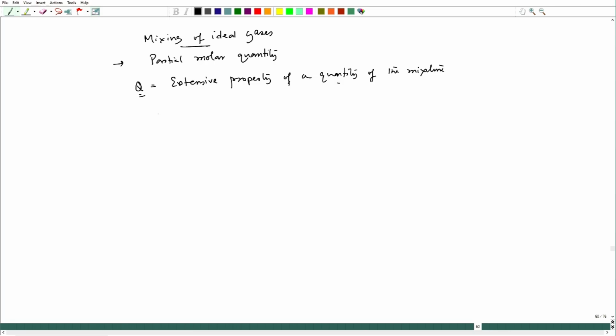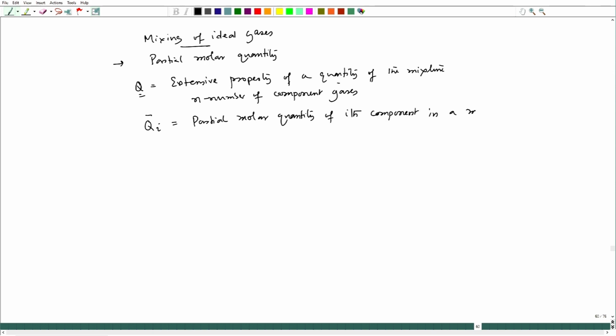So, then let us say there are n number of component gases, all ideal gases. Then I can write Q bar with I, the ith component partial molar quantity, should be equal to the following.